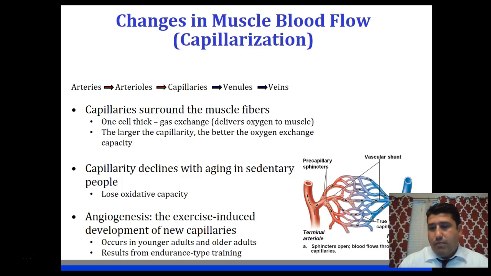So we have more capacity to deliver oxygen to the muscles. But the less we exercise, the more we lose that capillarity. We start to decline in the number of capillaries inside our muscles, and we can no longer meet the demand for oxygen as well as we used to when we were younger and more fit.